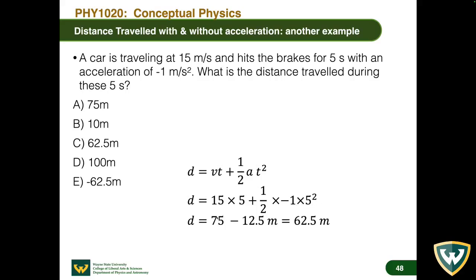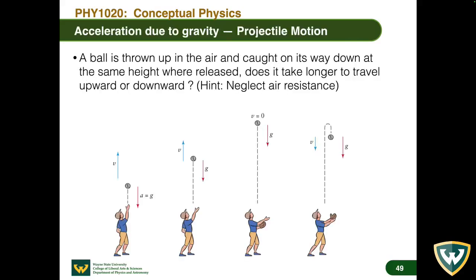And so that becomes 75 minus 12.5, and that is 62.5 meters. So the car will continue to travel in the same direction, but eventually it will come to a stop. But in so doing, it will have covered a distance of 62.5 meters.